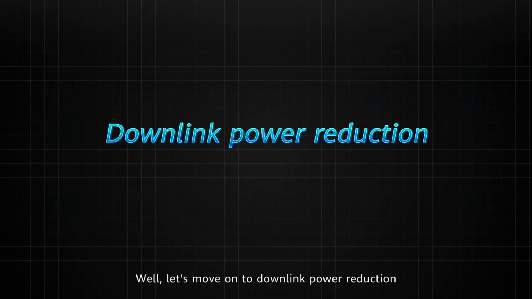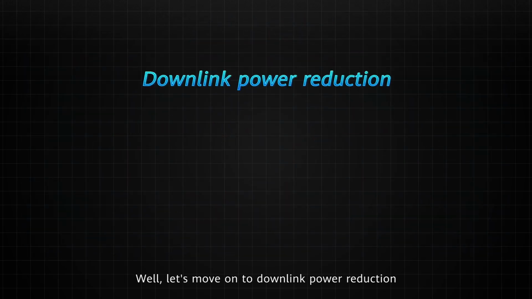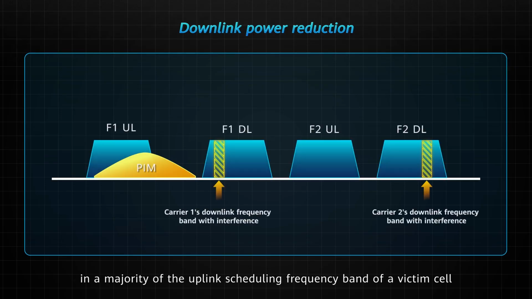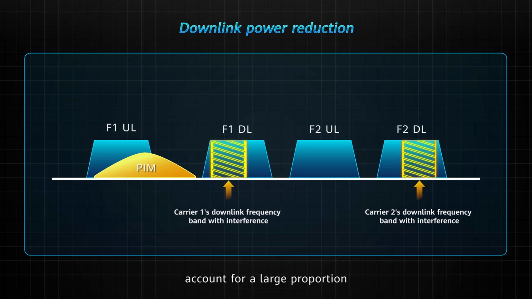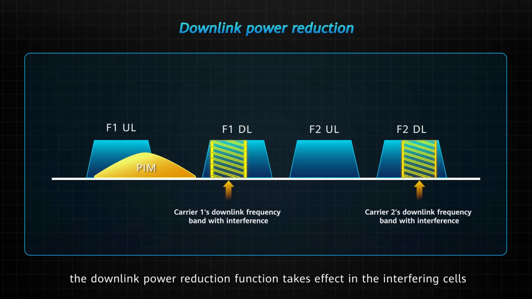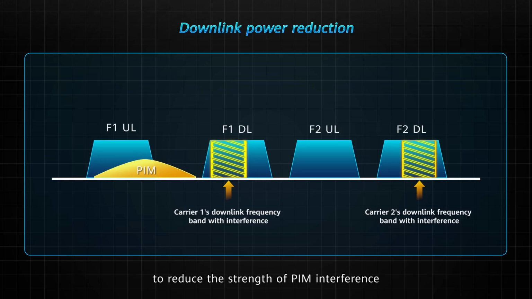Well, let's move on to downlink power reduction. When PIM interference occurs in a majority of the uplink scheduling frequency band of a victim cell, and the RBs that need to be avoided in downlink scheduling of interfering cells account for a large proportion, the downlink power reduction function takes effect in the interfering cells to reduce the strength of PIM interference.